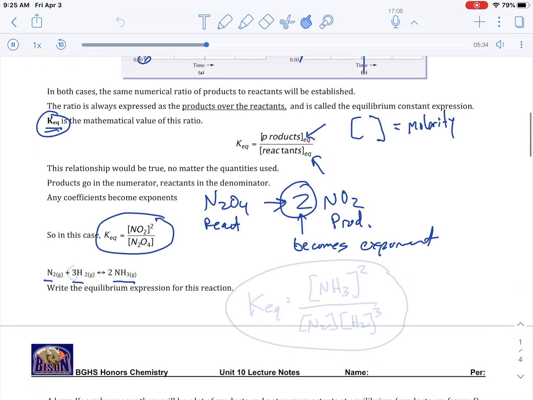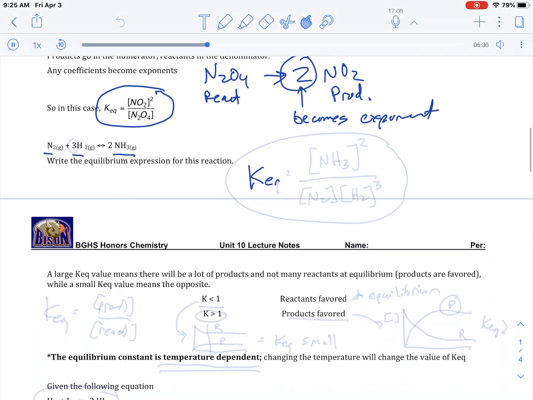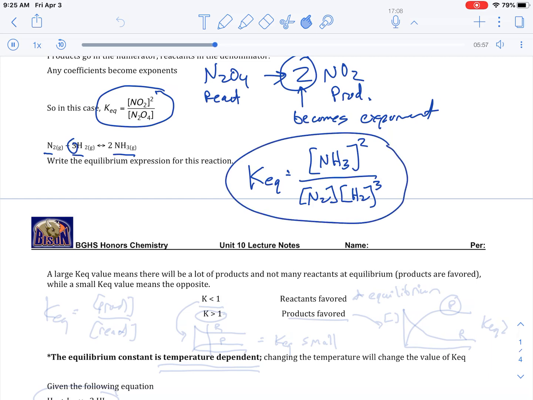Okay, so the KEQ value, we take the product's concentration, which is NH3, and because it has a coefficient of 2, we have to square that. And we're going to take that over the nitrogen concentration and over the hydrogen concentration. Now, the hydrogen has a coefficient of 3, so that's got to be cubed. So that's the equilibrium expression for the ammonia reaction.